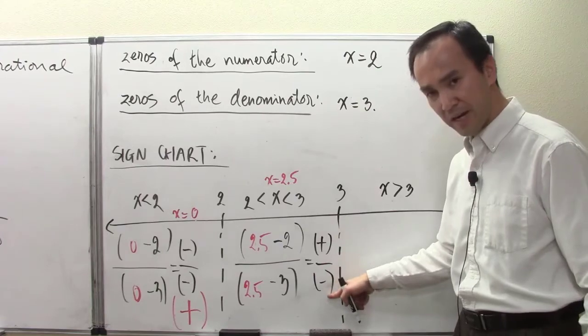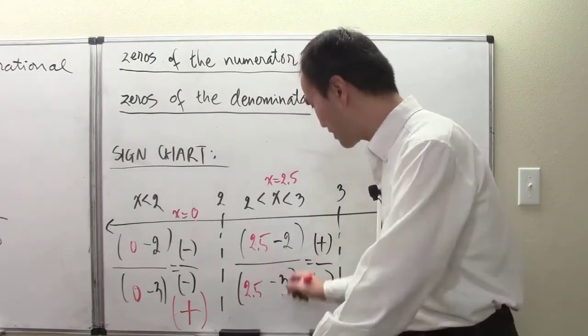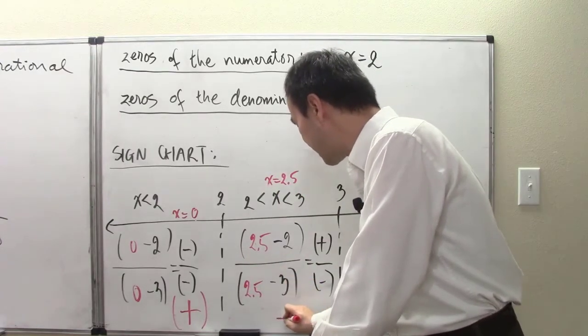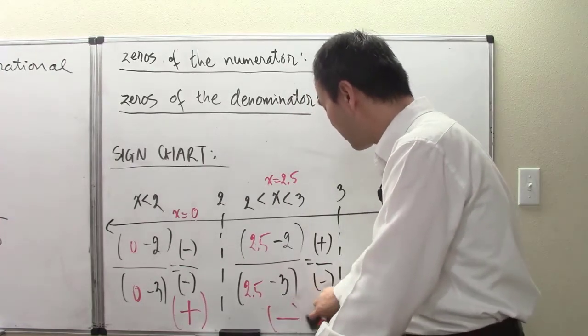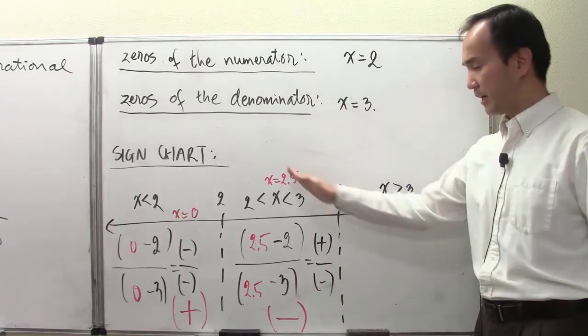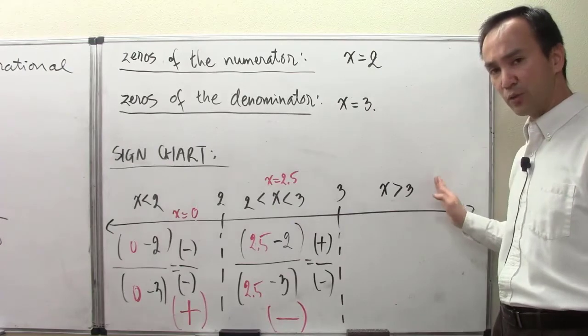Positive divided by negative, so my overall sign for this rational function output in this entire interval has to be negative. The negative sign is written in red ink right here to indicate that's the final sign of our rational function in this interval. And now we're ready for the last one right here.